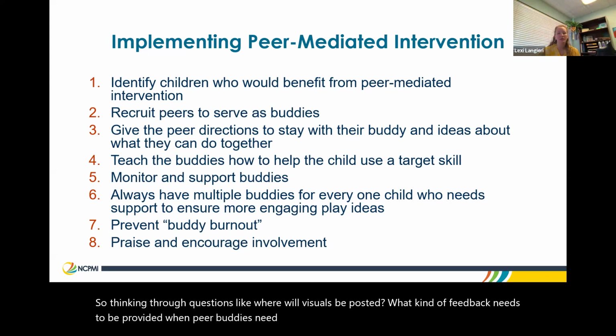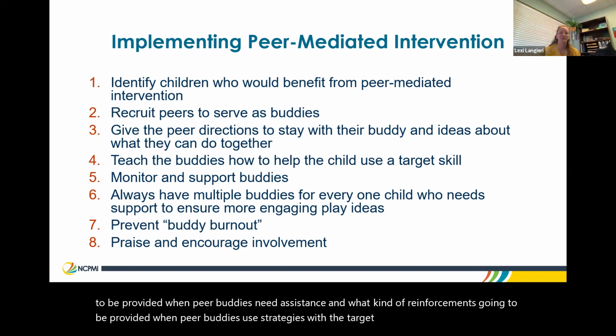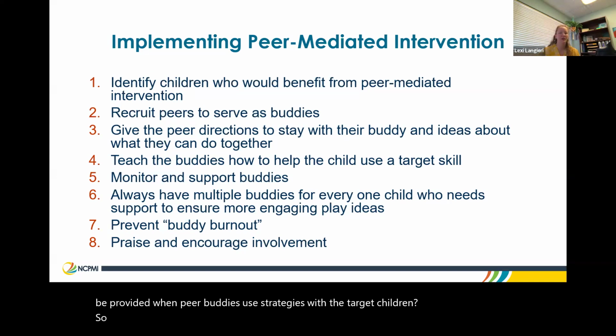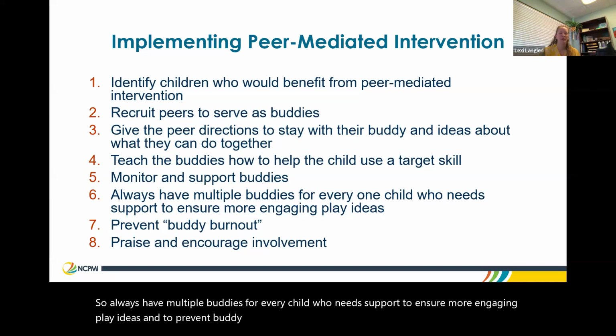And what kind of reinforcement is going to be provided when peer buddies use strategies with the target children? Always have multiple buddies for every child who needs support, to ensure more engaging play ideas and to prevent buddy burnout. And then again, use that praise and encourage involvement.